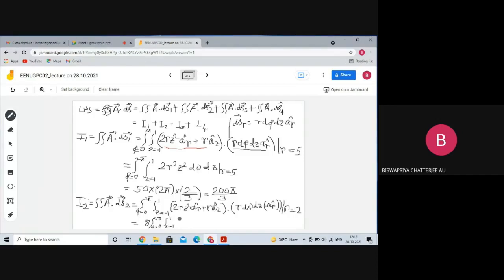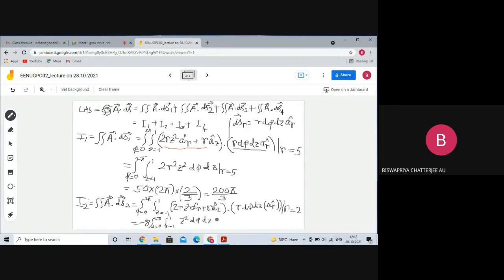So it is z square, obviously with a minus sign, definitely, because this is minus. So z square d phi dz.